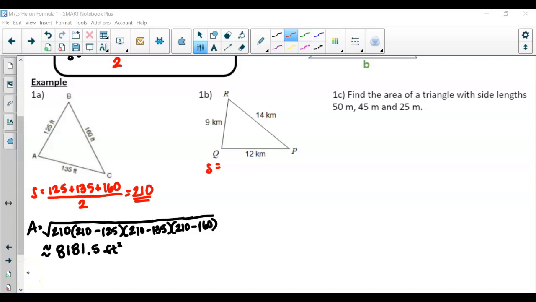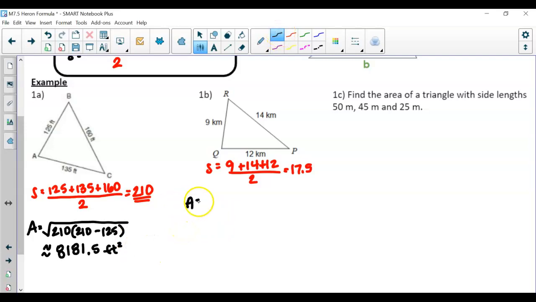Now just to make sure you set it up correctly, you should have found the perimeter, so 9 plus 14 plus 12, but then don't forget to divide by 2. Your semi-perimeter is 17.5. So now area is the square root of 17.5, that value of S, times 17.5 minus 9, times 17.5 minus 12, times 17.5 minus 14.